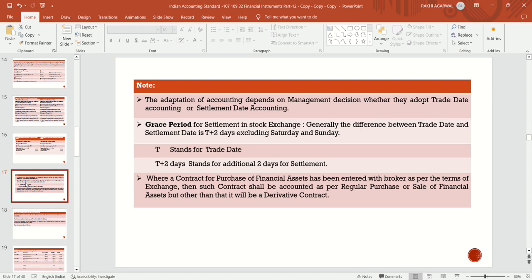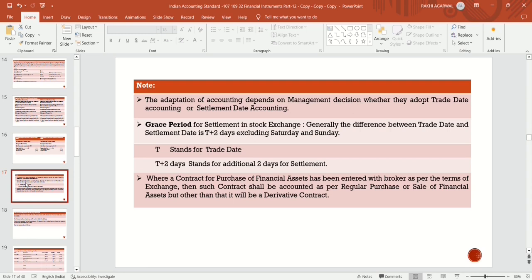Where a contract for purchase of a financial asset has been entered into with the broker as per the terms of the exchange or SEBI, then such a contract shall be accounted as a regular purchase or sale of the financial asset.